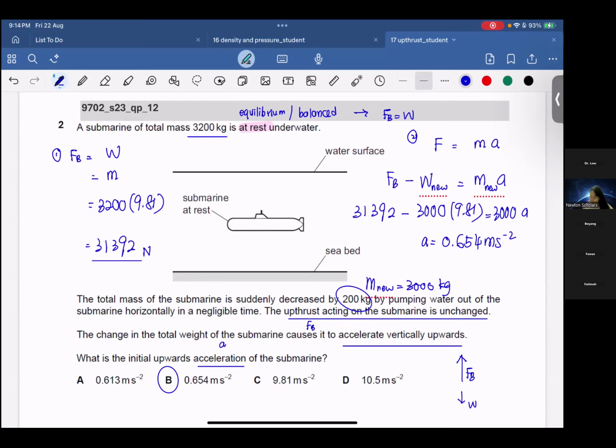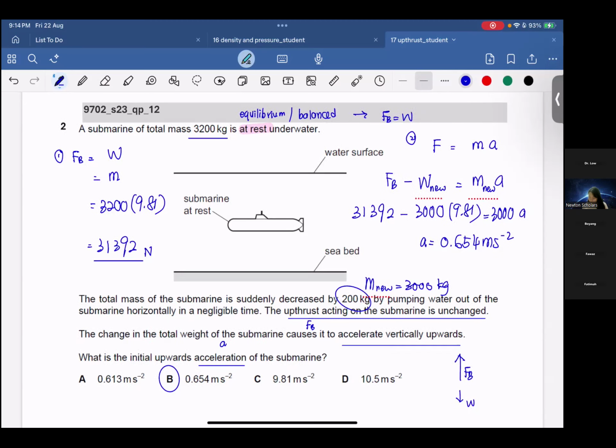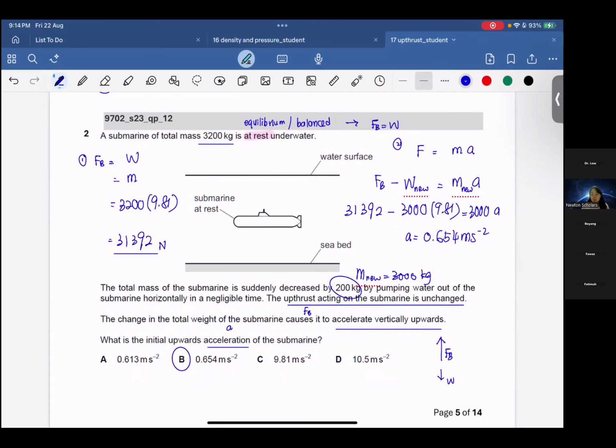The new mass should be 3000 because right now it accelerates. So I think Fatima is also the same, because you're using the wrong m. Is it, Fatima? Yeah. Thank you, Manjo, for figuring out what the problem is.